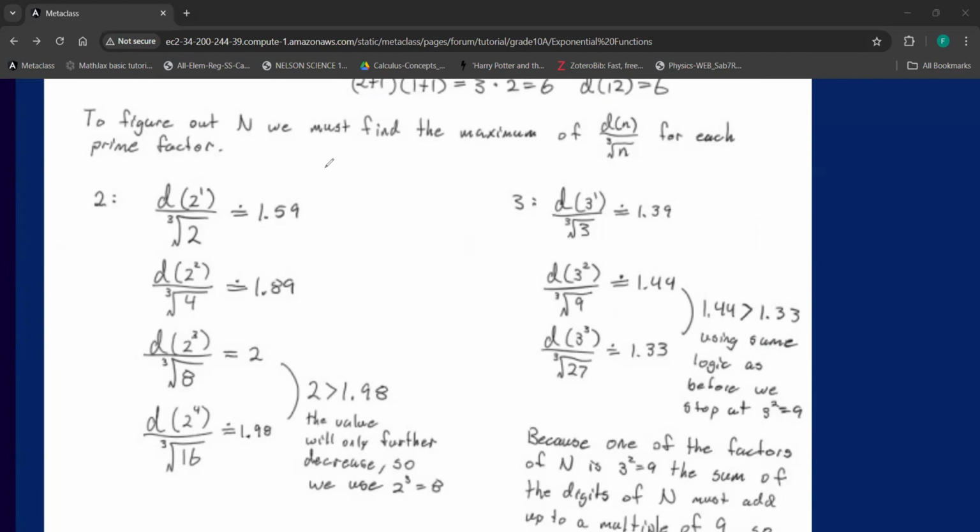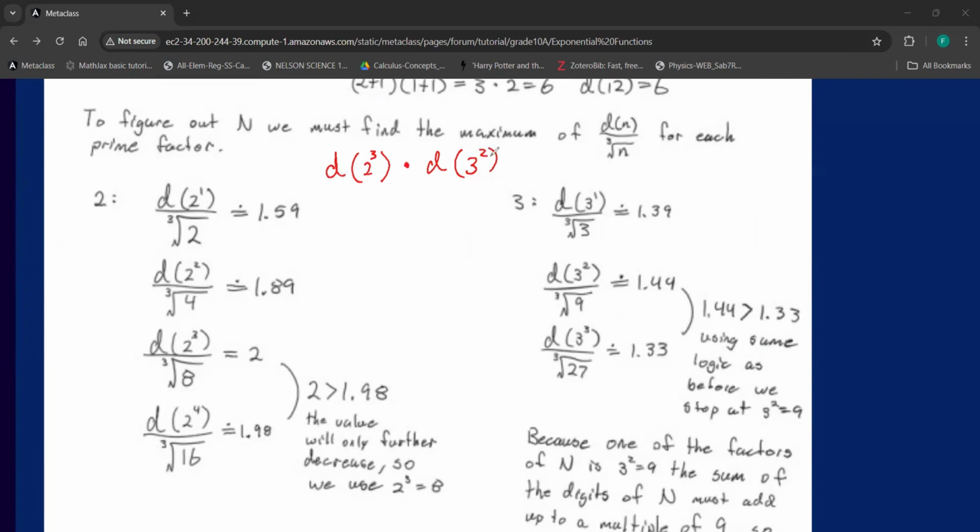So let's just say you have d of 2 cubed times d of 3 squared.